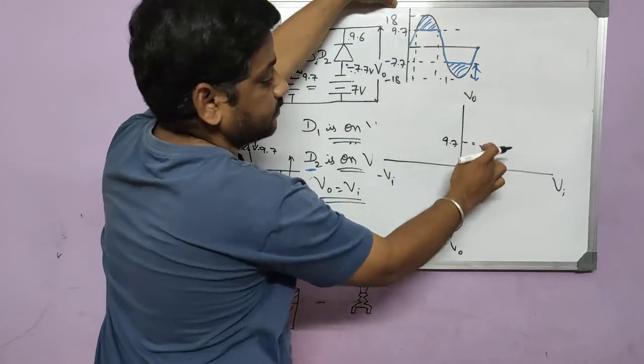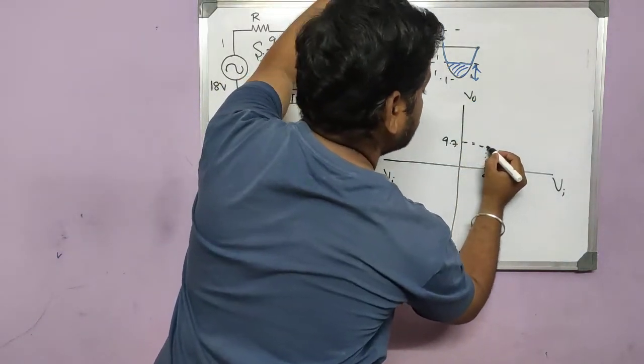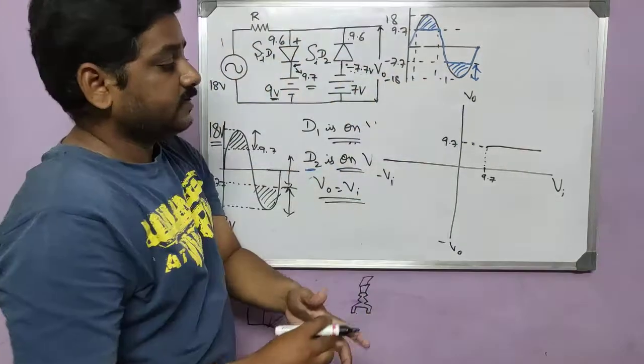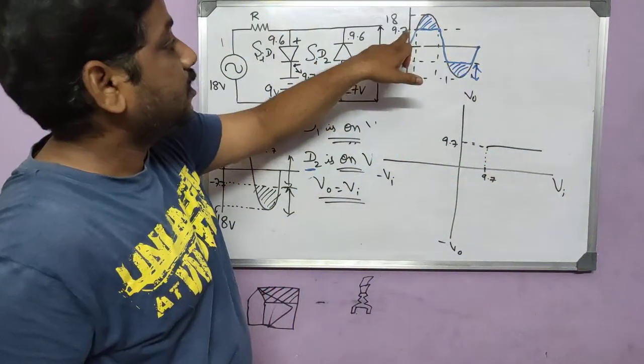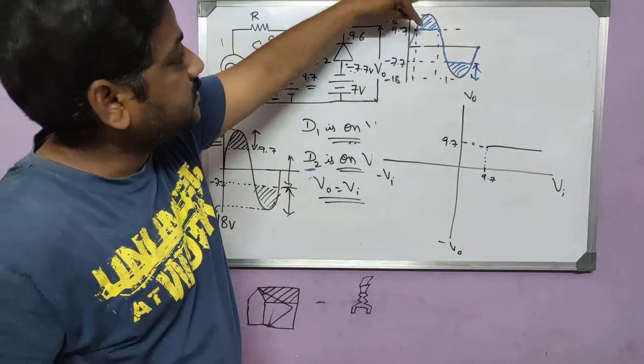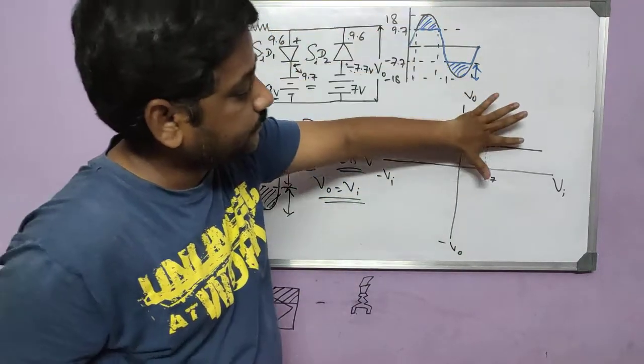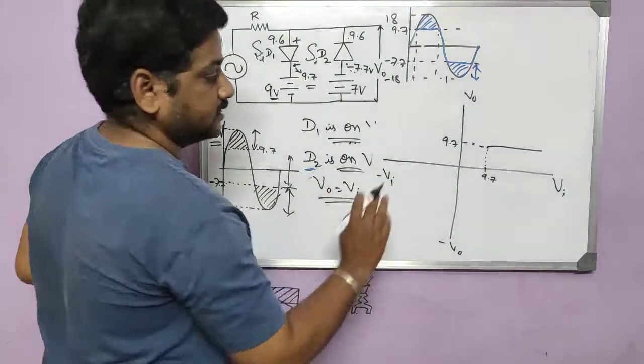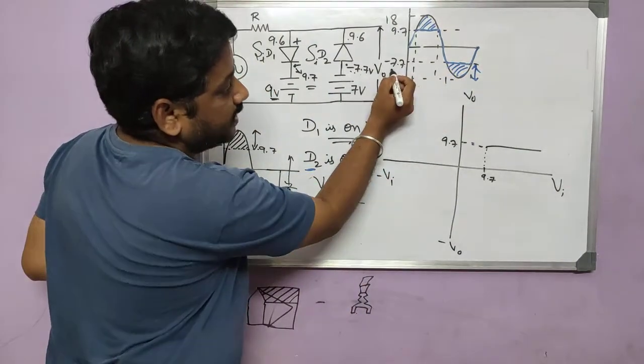I am taking this region, positive side. If input is greater than 9.7, output remains constant at 9.7. That's the condition we had. So we can take this constant line here, right? Same way on the negative side, minus 7.7.